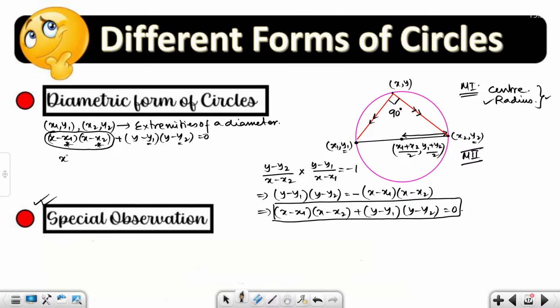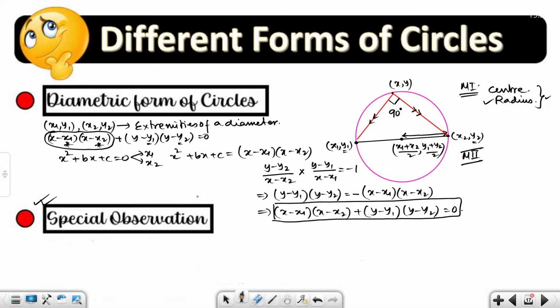If a quadratic equation, let us say x square plus bx plus c equals to 0, has two roots, let us say x1 and x2, in that case we can write x square plus bx plus c simply as x minus x1 into x minus x2. Can you remember this form? So this is what we have learned.